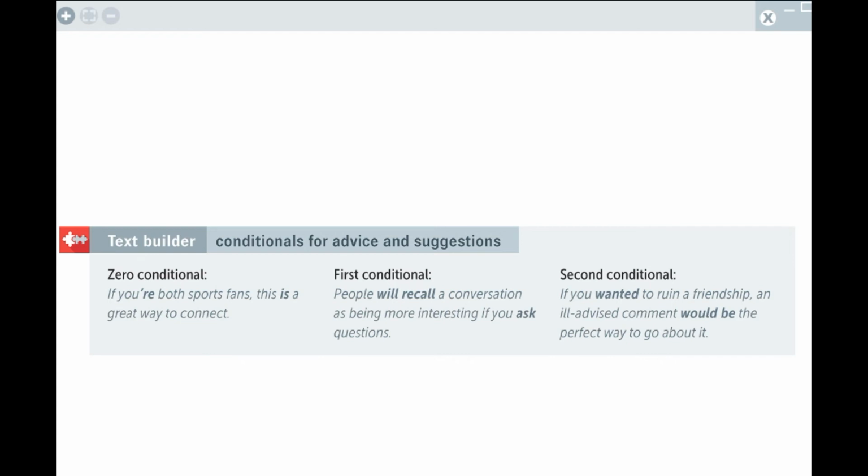About the second conditional, remember we use if plus the verb in the past, and in the main sentence we use would plus the verb in the infinitive. Example, if you wanted to ruin a friendship, an ill-advised comment would be the perfect way to go about it. You see? So let's review about conditional sentences.